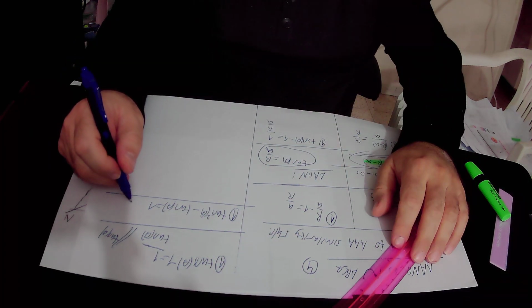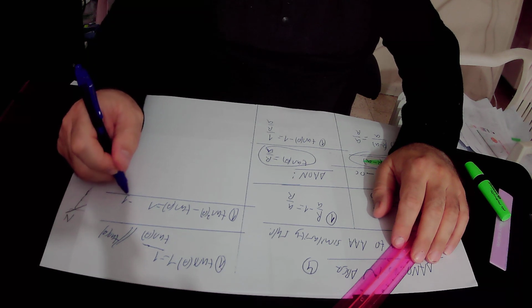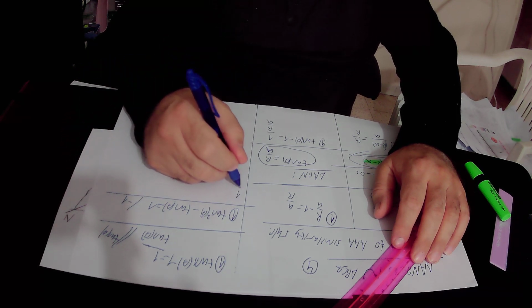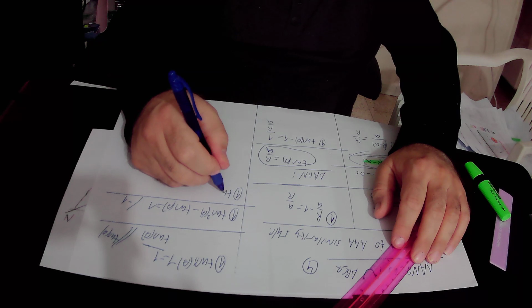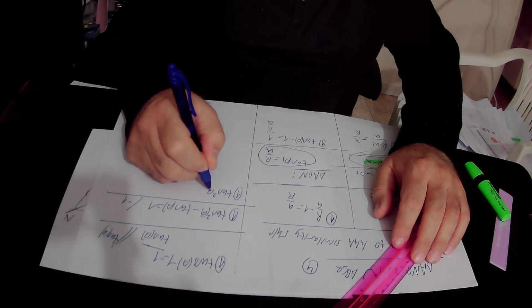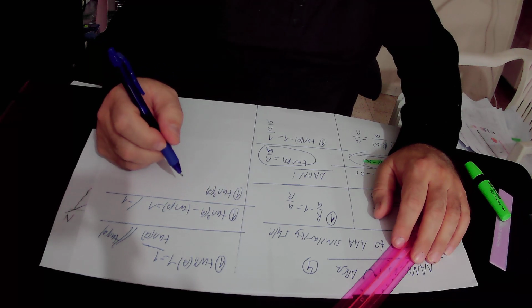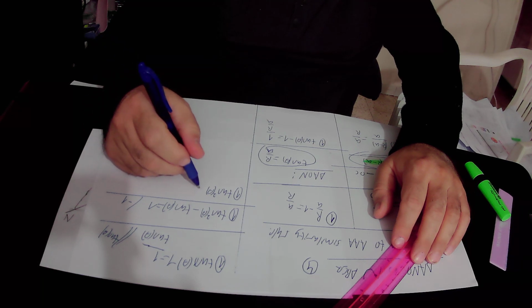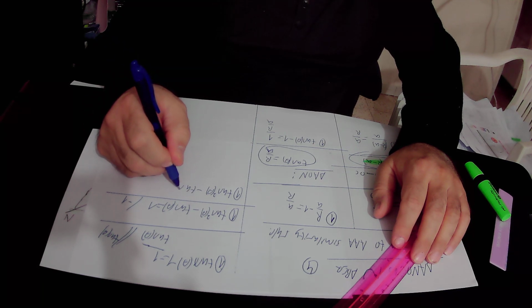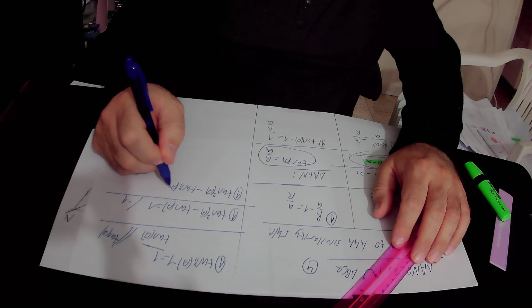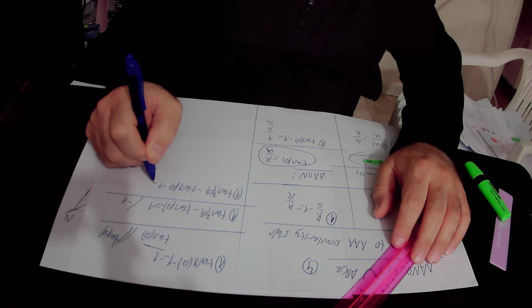We subtract 1 from this equation, and we get that tangent squared theta minus tangent theta minus 1 equals 0.